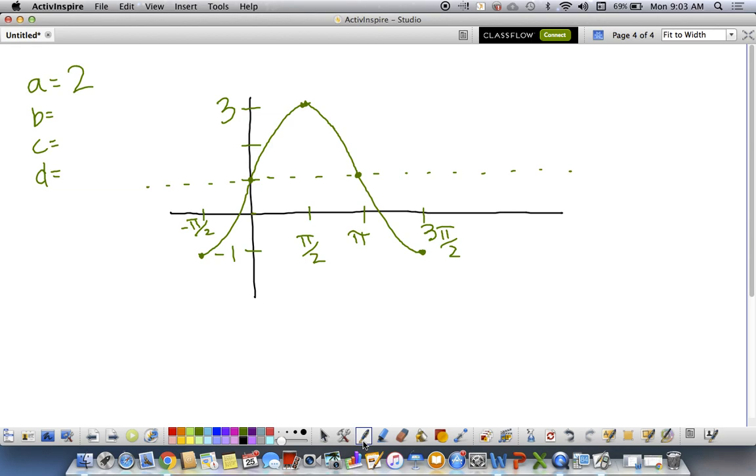Or take the top and subtract our amplitude. We get to 1. Or take our bottom and add our amplitude to it. So where are we? What is the center line? What is our vertical shift? We simply moved it all up 1.